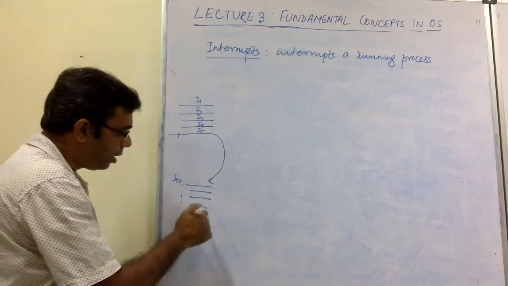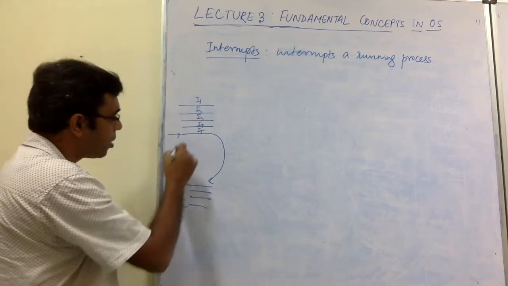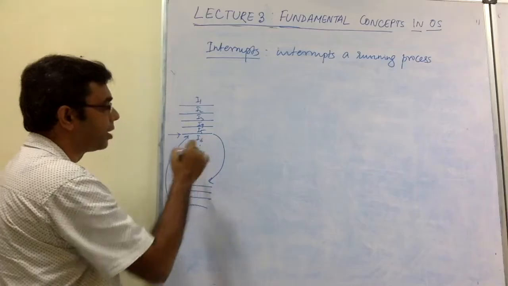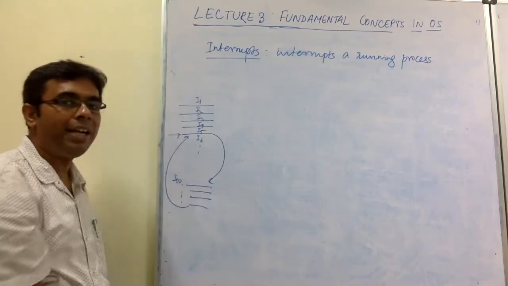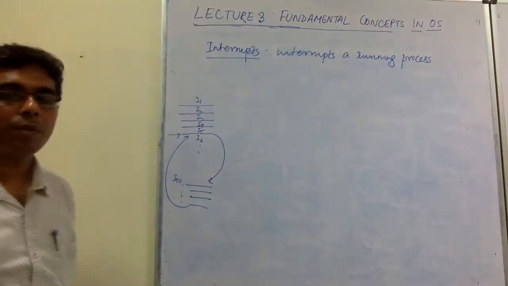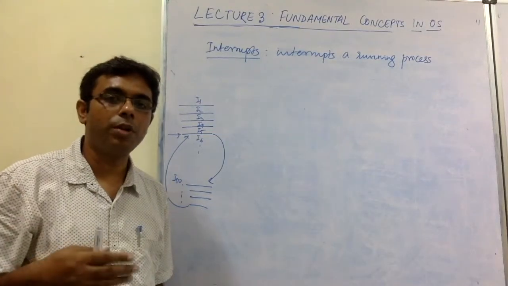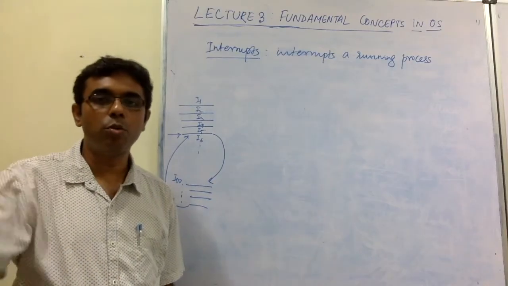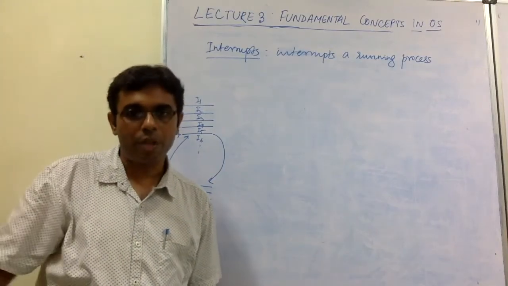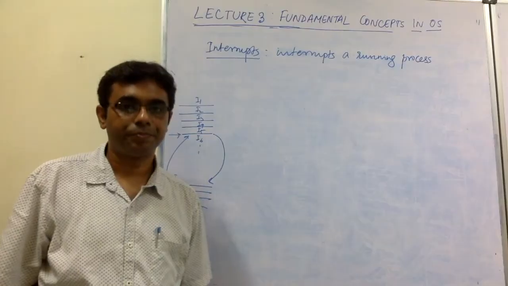And once you are done, you may come back to execution of I6 again. So this is what we call an interruption to the normal execution of a program. The program was executing one by one, and suddenly you create an interruption and you jump to a different set of instructions and you start executing that.